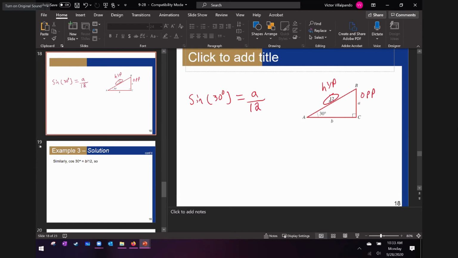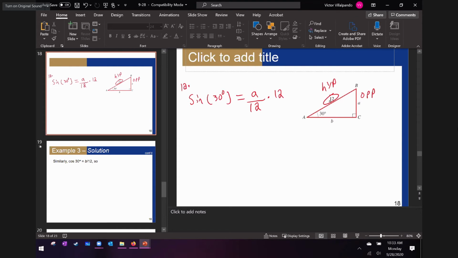Now, this is just a simple algebra technique that we need to do. A is trapped because there's a 12 underneath it. A is being divided by 12. The opposite of division is multiplication. Let's multiply on both sides. It's kind of like a seesaw, right?